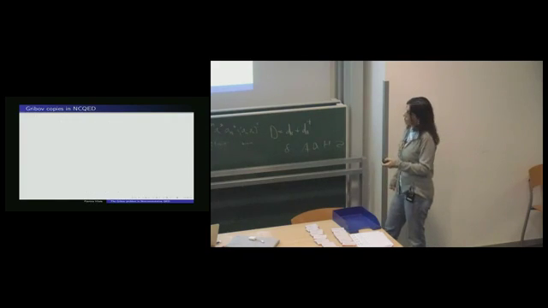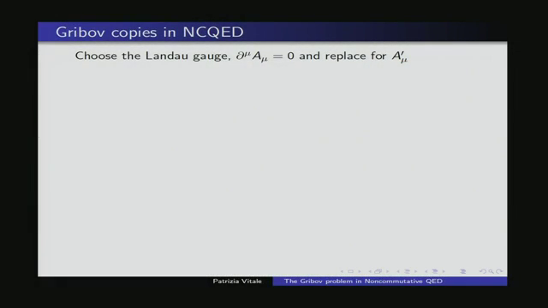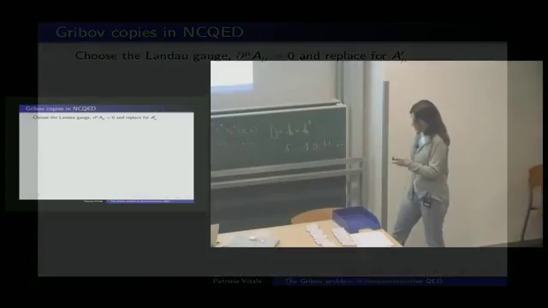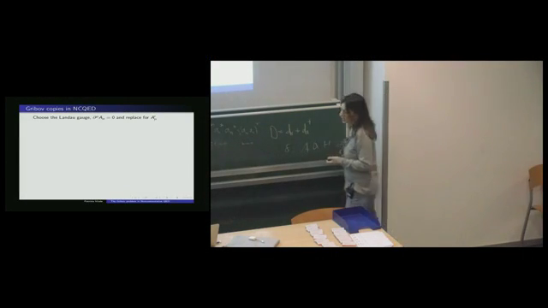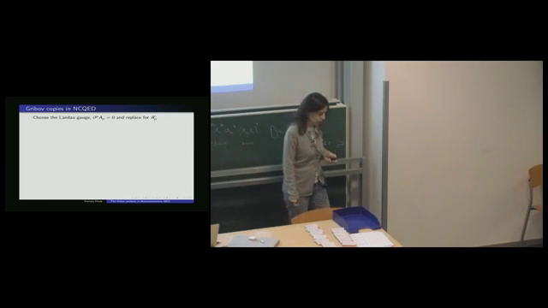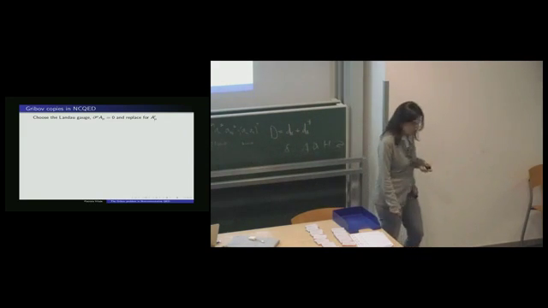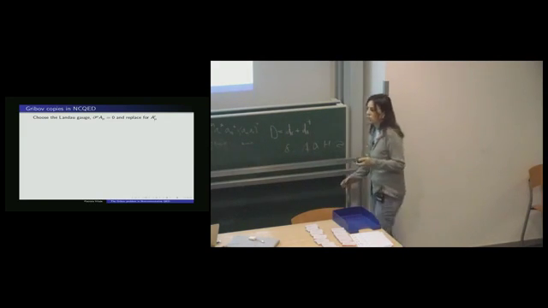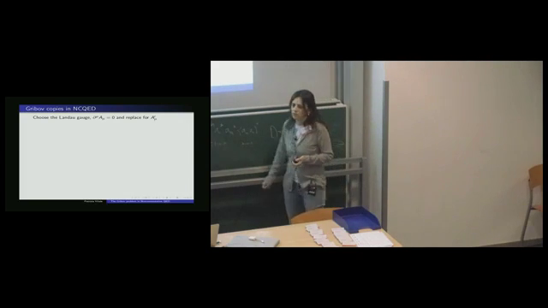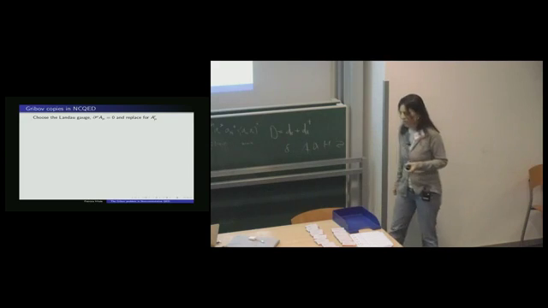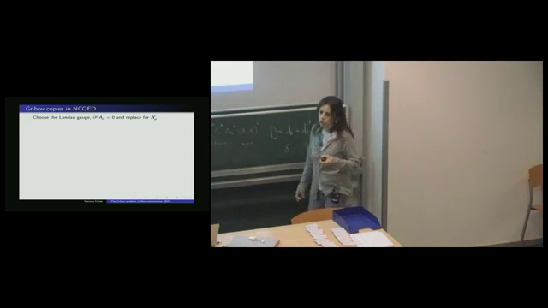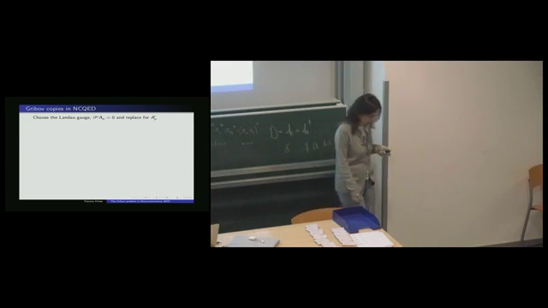So what do we do? We choose a gauge, for example, the Landau gauge. Well, actually, the Gribov problem is always addressed in the Landau gauge, although there are some papers where it is shown that the problem persists, for example, in the Coulomb gauge or in other gauges.